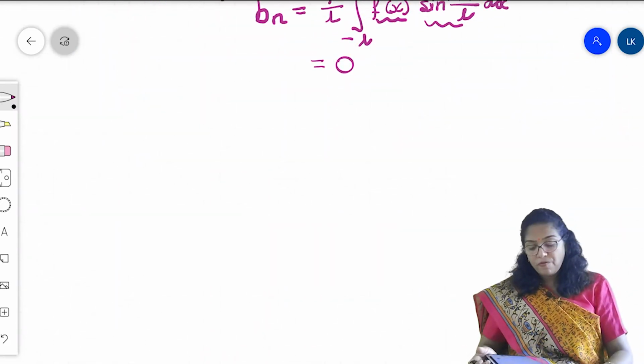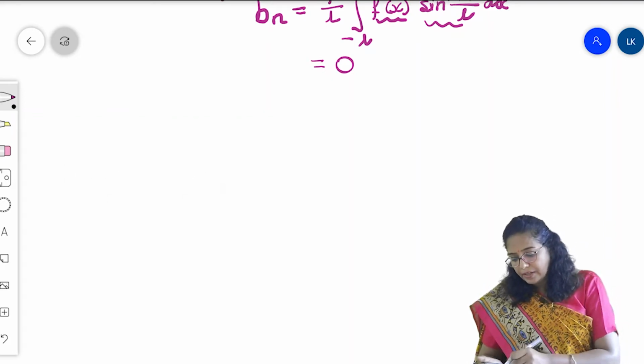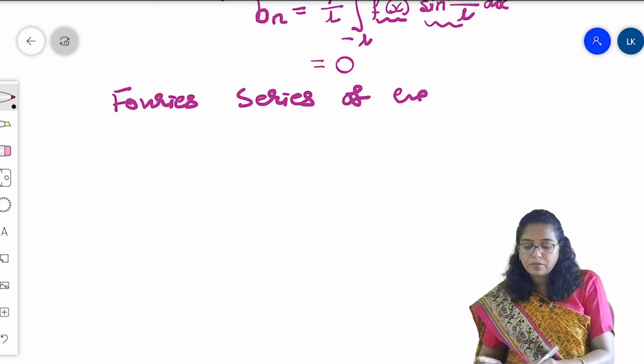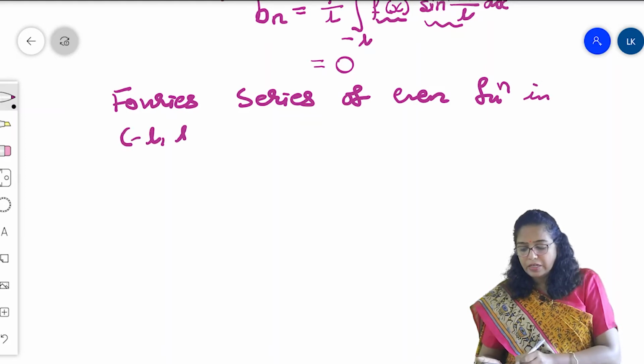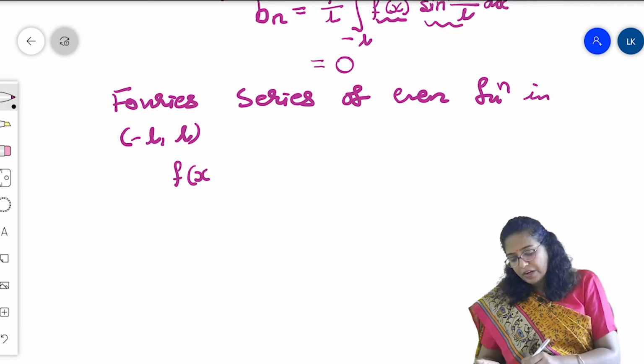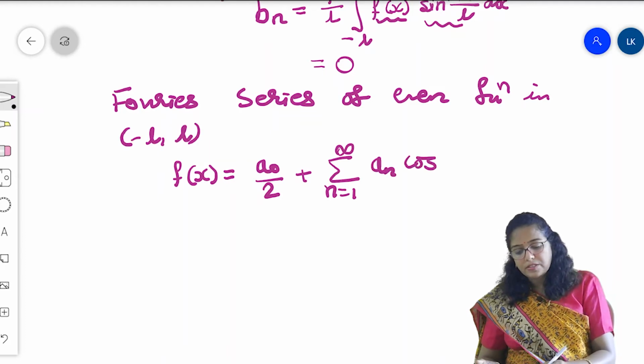Then our formula becomes, therefore the new title is Fourier series of an even function in minus L to L, given by f(x) is equal to a0 by 2 plus summation n equal to 1 to infinity an cos(n pi x upon L).